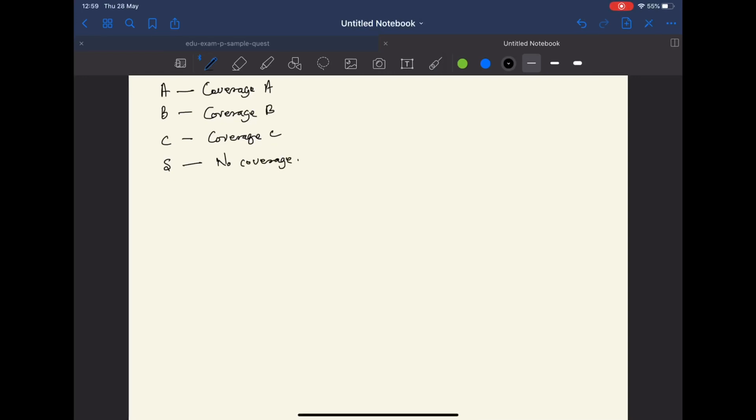Now, our problem tells us that for every employee, the employee chooses exactly two coverages or decides not to choose any coverage.